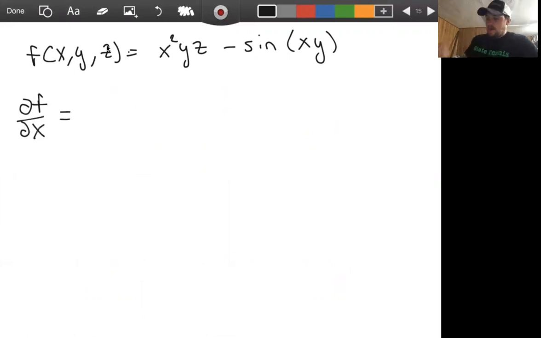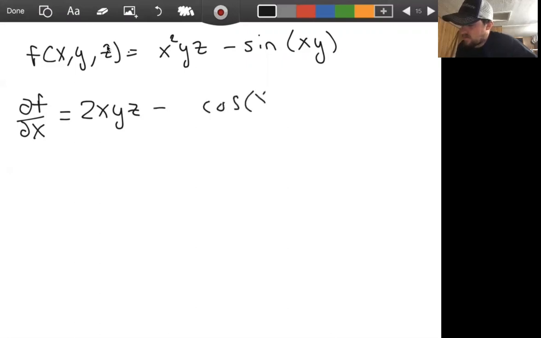Well, y and z are constant, so this first term is going to be 2xyz, and then the derivative of the second term, well, the derivative of sine is cosine, so cosine xy, but then it's times the derivative of the inside with respect to x, right? And y is a constant, and the derivative of a constant times x with respect to x is that constant. And so we see this is our partial derivative with respect to x.